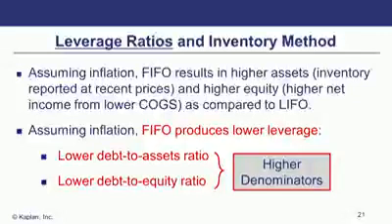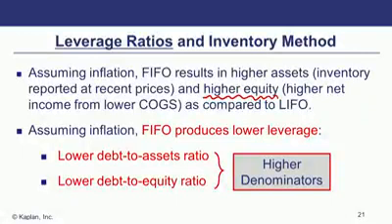Now, of course, again assuming inflation, FIFO results in higher assets. If you've got higher ending inventory in your assets, then we're going to have higher stockholders' equity as well. Remember, we said earlier when we were looking at adjusting LIFO into FIFO, we'd increase ending inventory, reduce cash because of the additional taxes paid, and increase equity by the net amount.